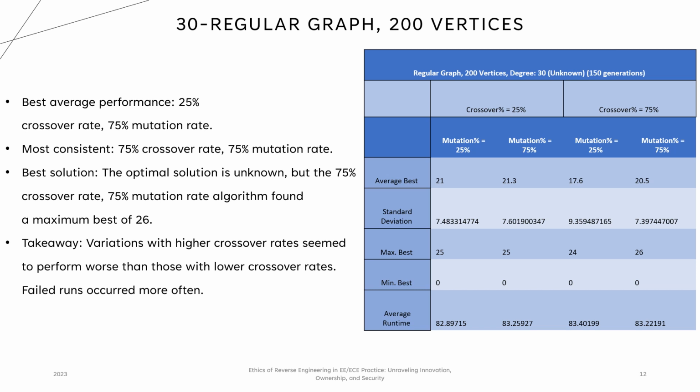The most consistent was still the 75% crossover rate, 75% mutation rate one, and it did still find the maximum best solution of 26, although the optimal solution is again unknown. But it seemed that variations with a higher crossover rate performed worse on this algorithm than the ones with the lower crossover rate, and failed runs occurred more often all around.